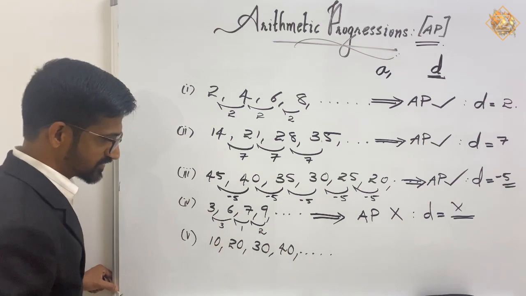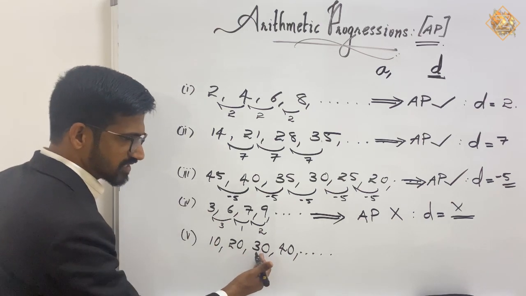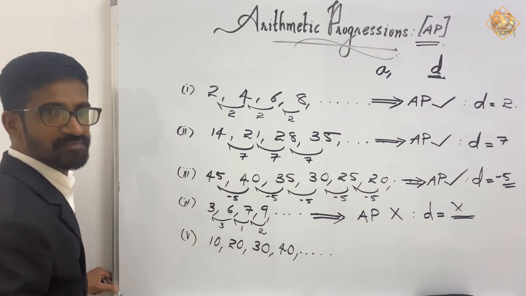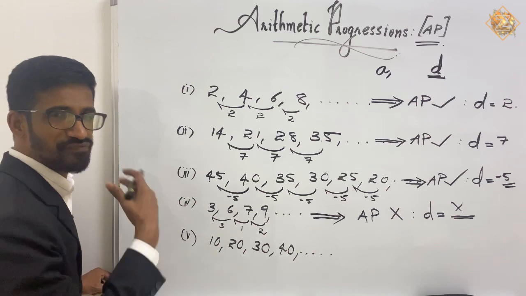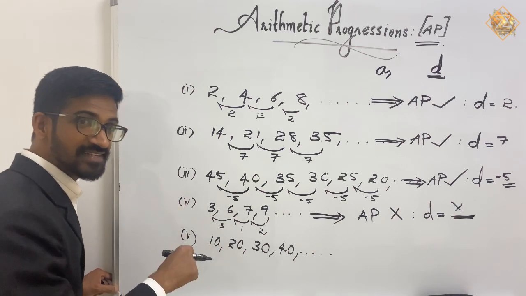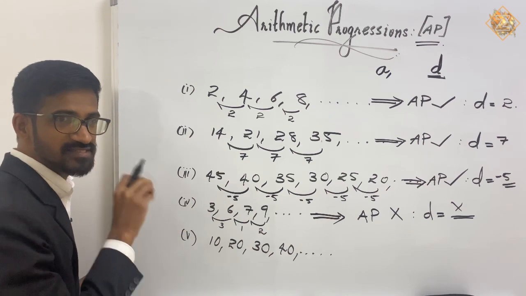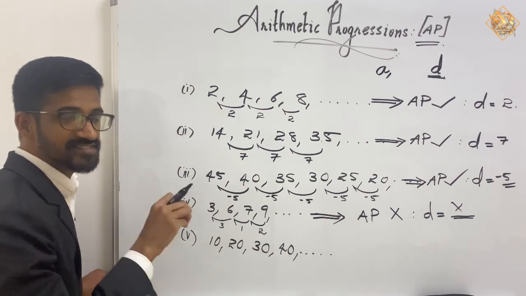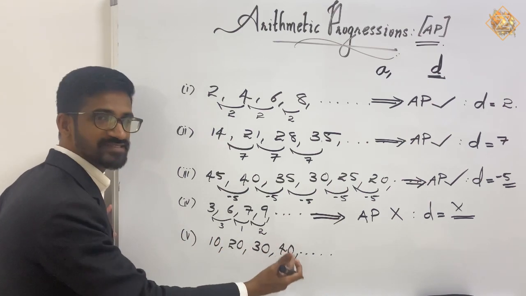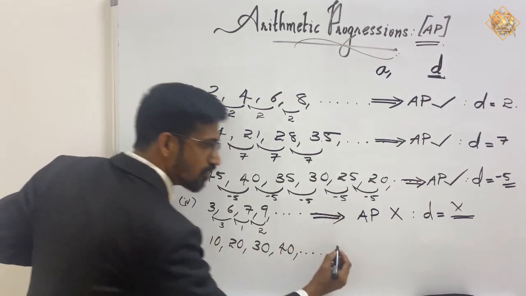Now here we have one more example, 10, 20, 30, 40, etc. To check whether this list of numbers forms an AP, what we have to do? Just find the difference between each successive term, isn't it? And if the difference between each successive term is the same, if we are getting a fixed number as a common difference, we can say that this list of numbers forms an AP.